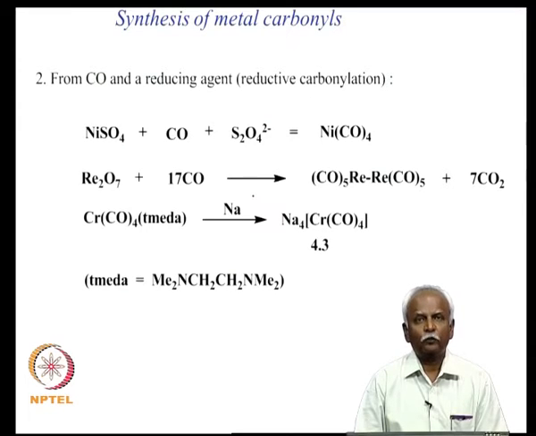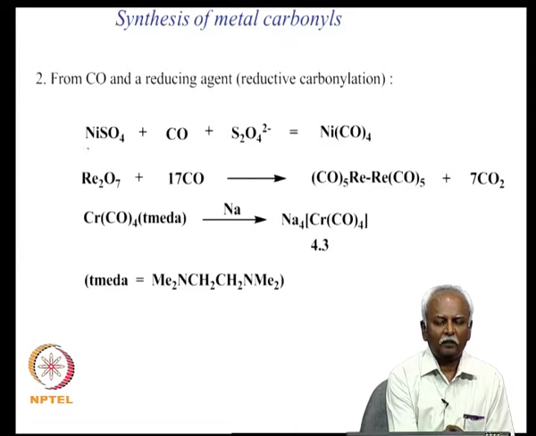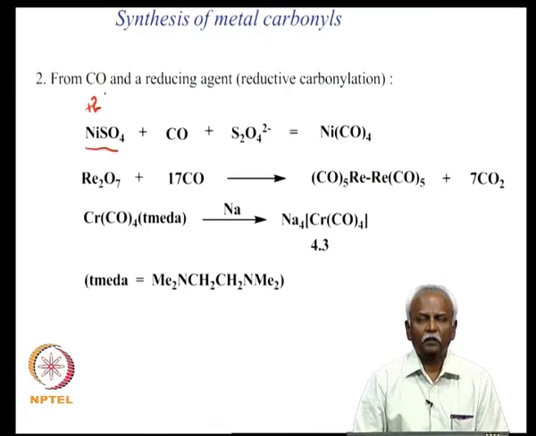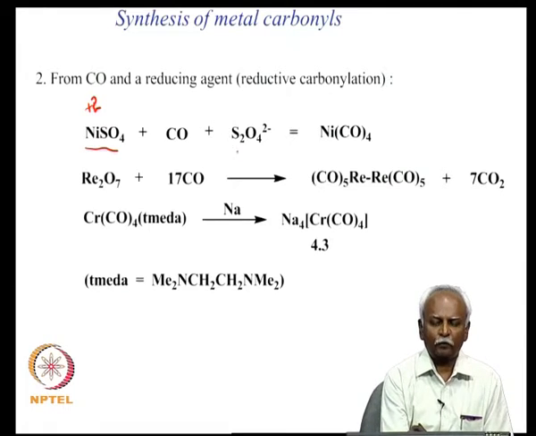So, in the previous two examples, we have generated the metal carbonyl complex starting directly from the metal atom in the 0 oxidation state or in the +1 oxidation state, as in the case of iridium. Here we have started with nickel in the +2 oxidation state, and we are going to reduce it using an inorganic reducing agent.